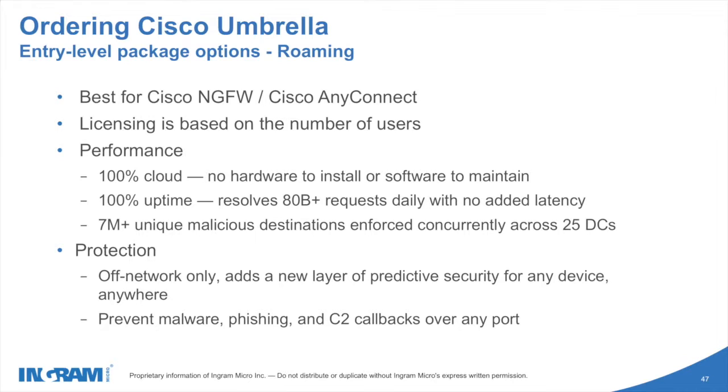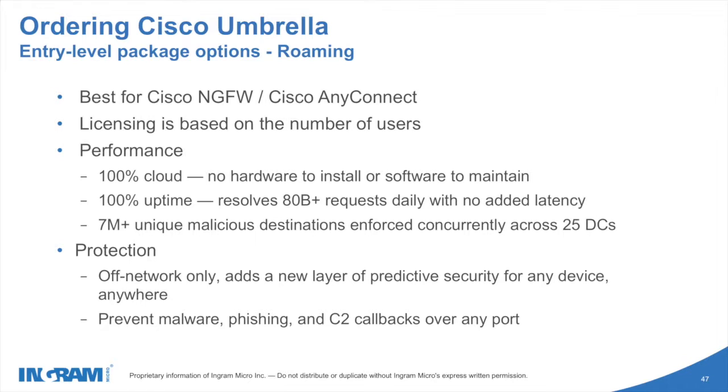For performance: 100% cloud, no hardware to install or software to maintain. 100% uptime, resolves over 80 billion requests daily with no added latency. Over 7 million unique malicious destinations enforced concurrently across 25 data centers.